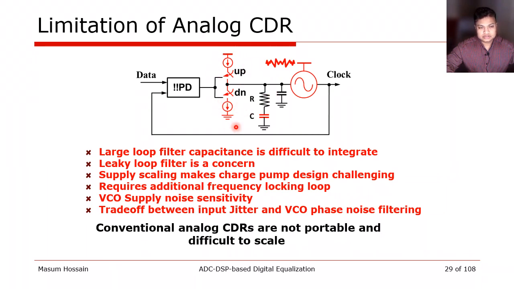First of all, the reduced supply voltage is making designing a charge pump a lot more complicated. The loop filter takes significant area and does not scale well. Finally, the VCO has its supply sensitivity and its own random noise generation that requires careful filtering.